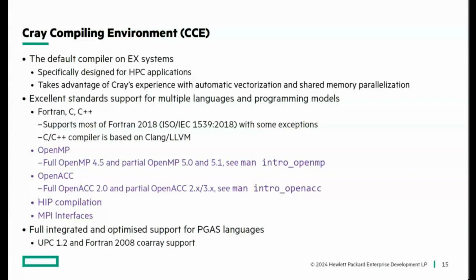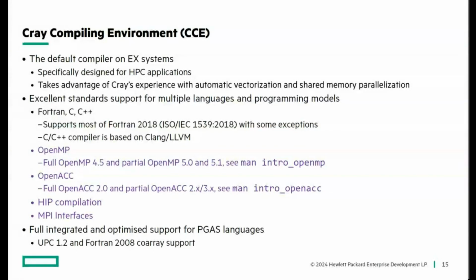Okay, if we start with the Cray-specific one on the compiler side, this is the default compiler on ARCHER2 today, and it has the traditional features of C, C++ and Fortran compilers, and OpenMP, but it also supports GPU compilation and programming models that are appropriate for targeting GPUs.